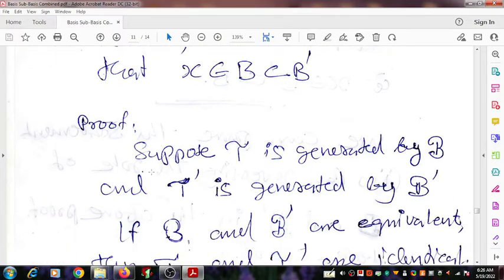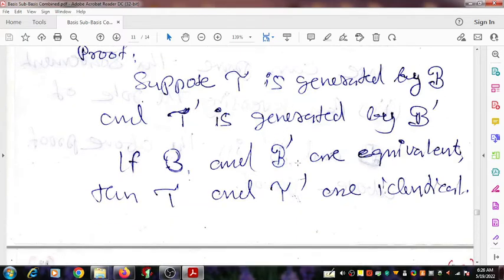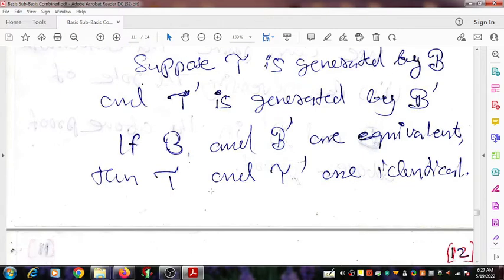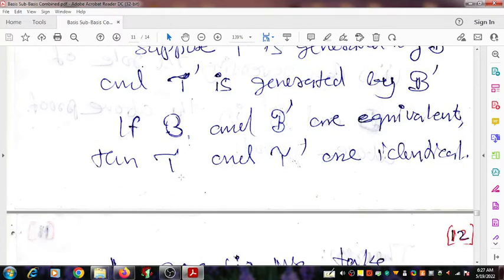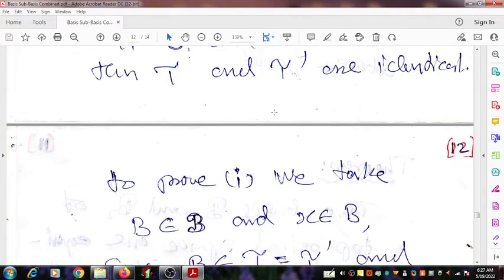For convenience, let tau be the topology generated by script B, and tau prime be the topology generated by script B prime. If B and B prime are equivalent, then tau and tau prime must be identical. That means open sets present in tau must be present in tau prime, and vice versa. All open sets present in tau prime must be present in tau. That's the meaning of identical.